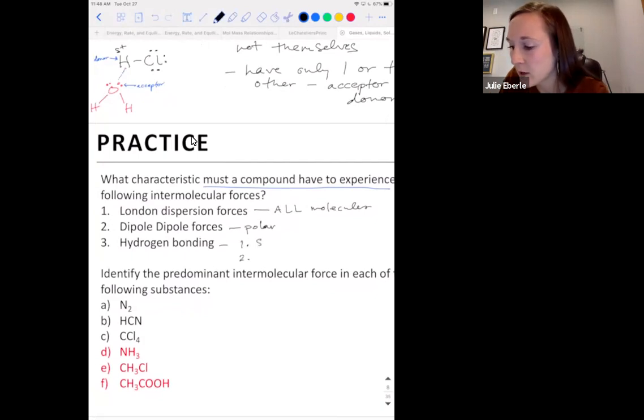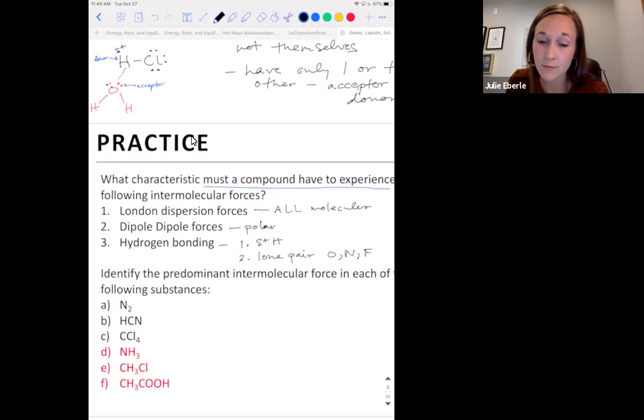The first one is you have to have a positively polarized hydrogen. Thank you, Jenna. The second one is that you have to have a what? Yep, lone pair on oxygen, nitrogen, or fluorine. You at least have to have one or the other to hydrogen bond with another molecule, but to hydrogen bond with yourself, you have to have both.